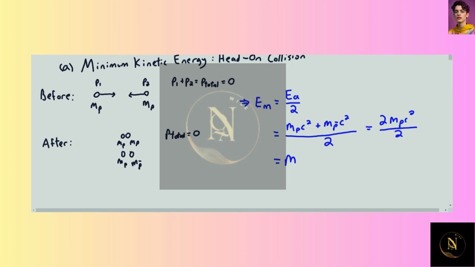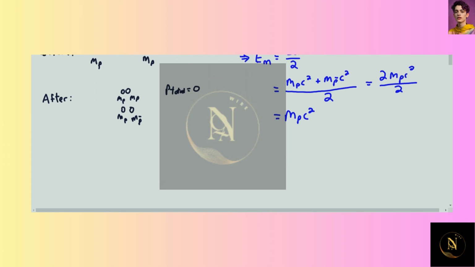So this is just the rest mass of the proton. So each beam needs to be contributing 938.3 mega electron volts.